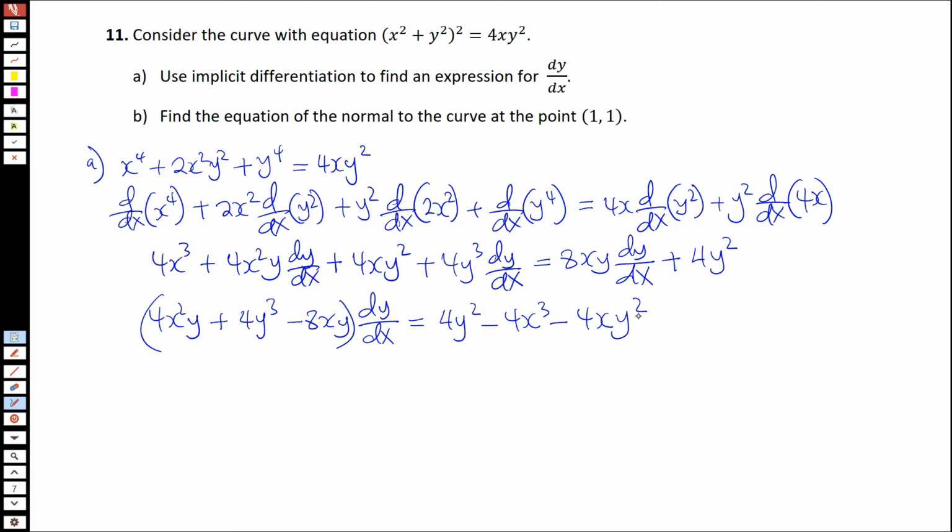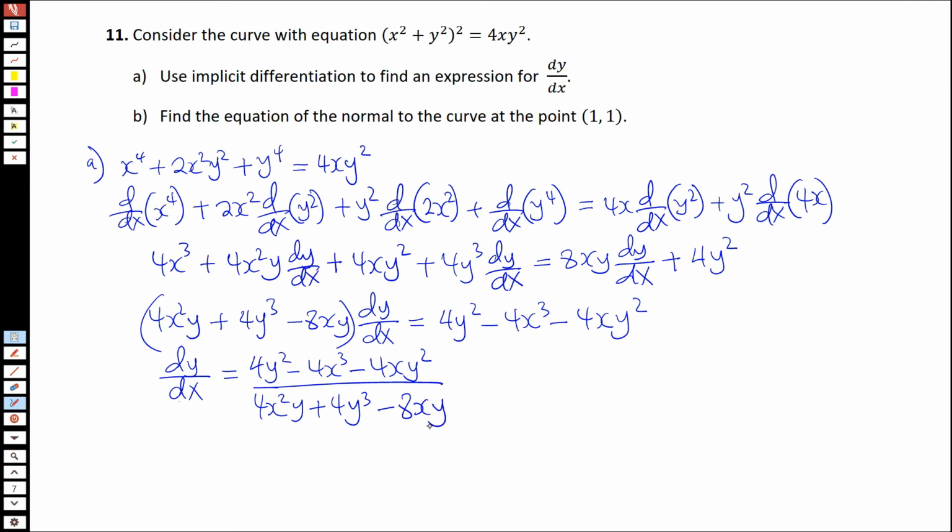Okay, and then remember what I'm looking for basically here is dy over dx. So the resulting expression for dy over dx will be equal to 4y squared minus 4x cubed minus 4xy squared over 4x squared y plus 4y cubed minus 8xy.